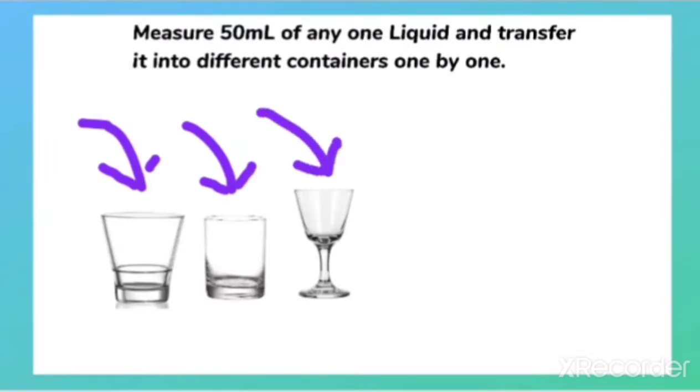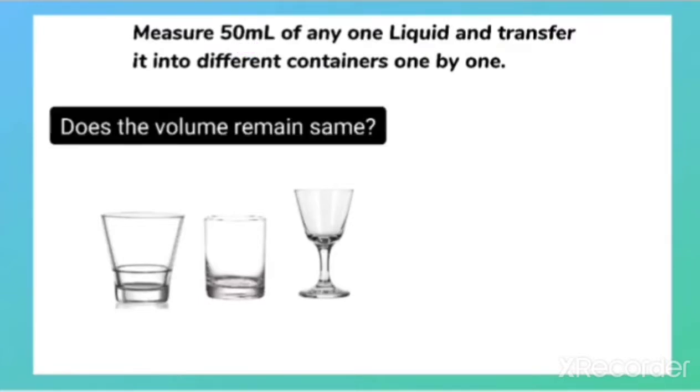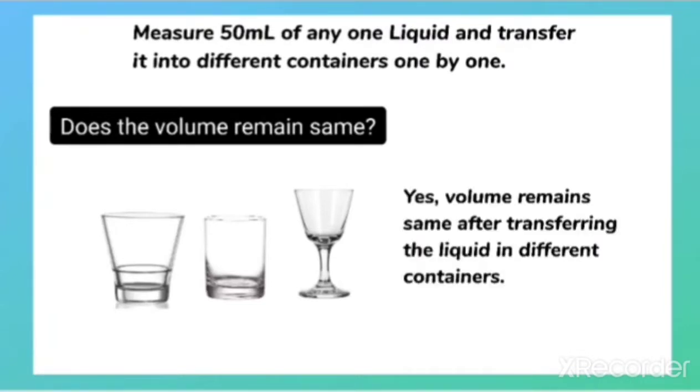What we can see is that the level of water changes because the shape of the container is different, but the volume does not change because it is 50 ml. Does the volume remain the same? Yes, the volume remains the same after transferring the liquid into different containers.